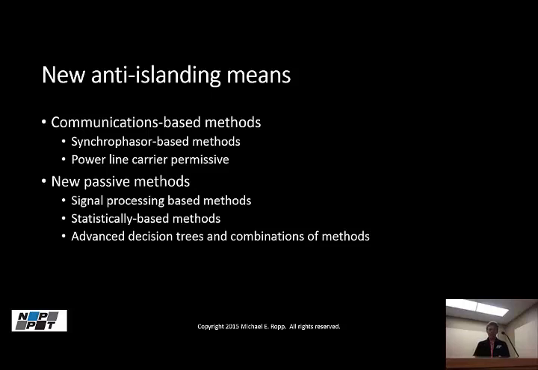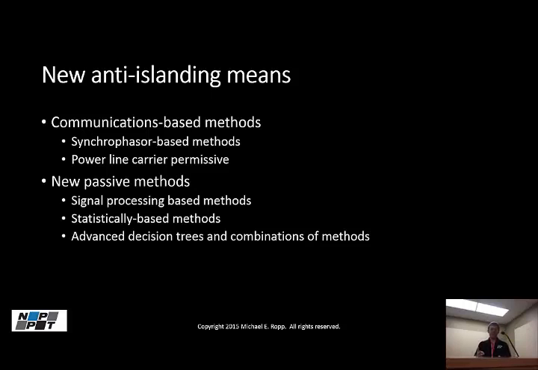As I've talked about in past versions of this presentation, for anti-islanding we need the same 3 S's that you need with every other part of protection. You need speed, sensitivity, and selectivity. Of course, cost effectiveness too, but that doesn't start with S, so I'm not going to talk about it here.